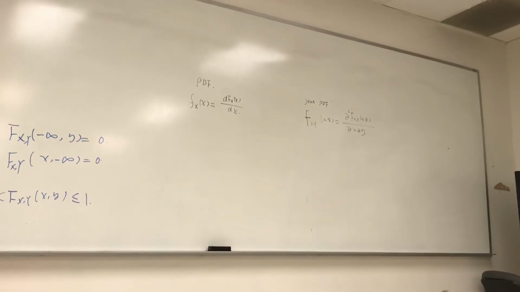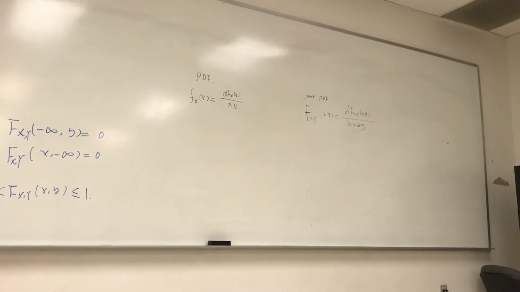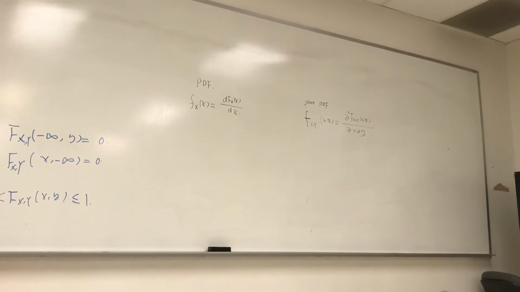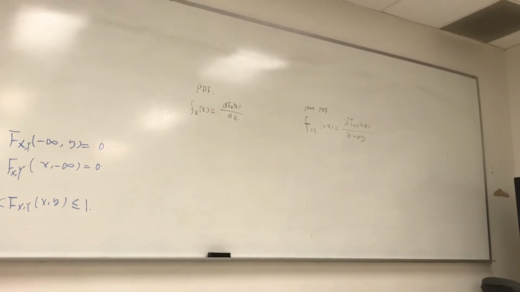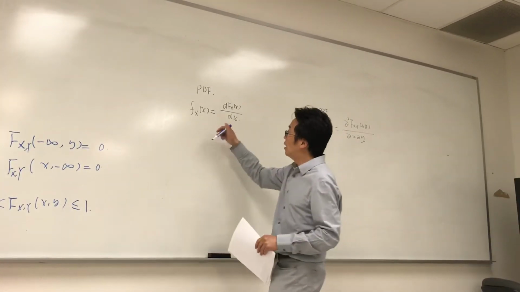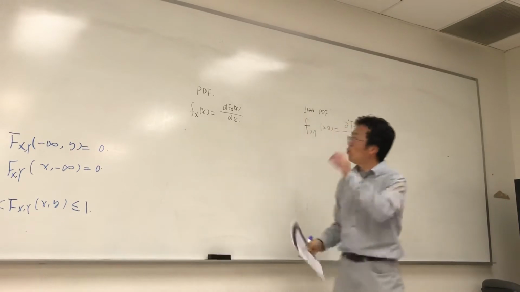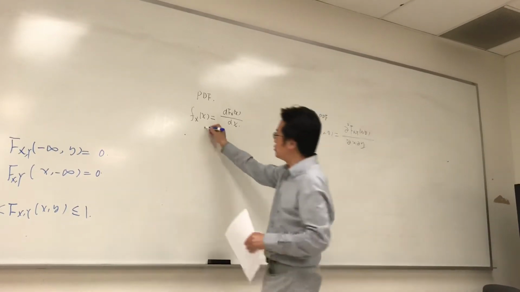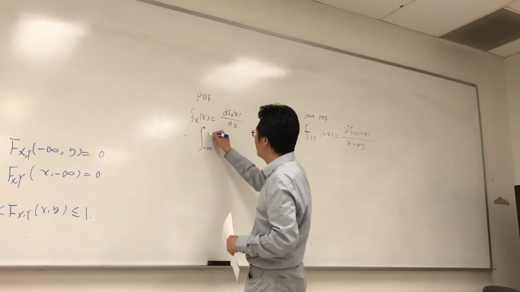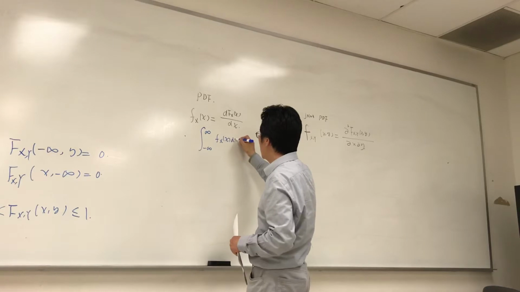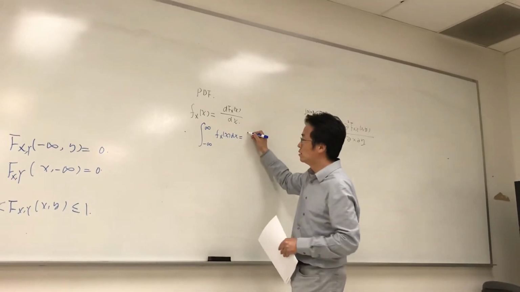So this is the definition. Let's take a look at a few examples and some properties as well. For example, for one single random variable, we know if we do integration from minus infinity to infinity, it should be equal to what?